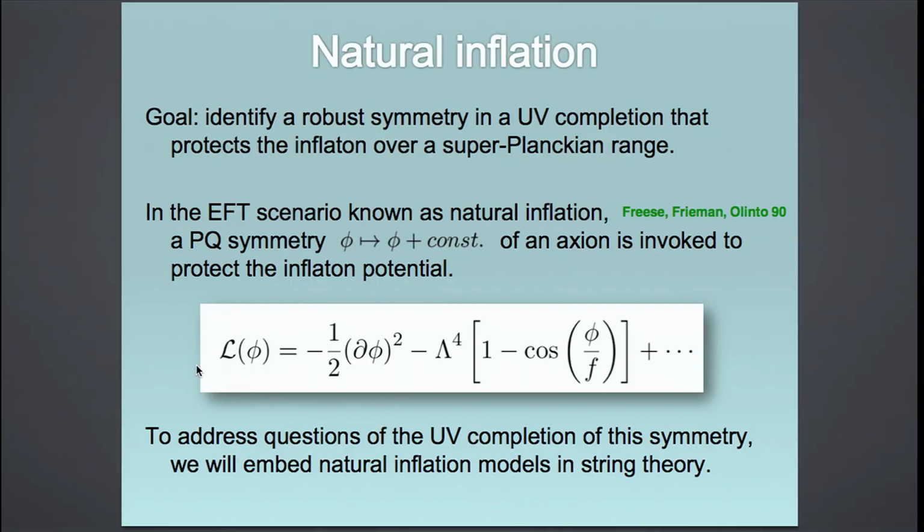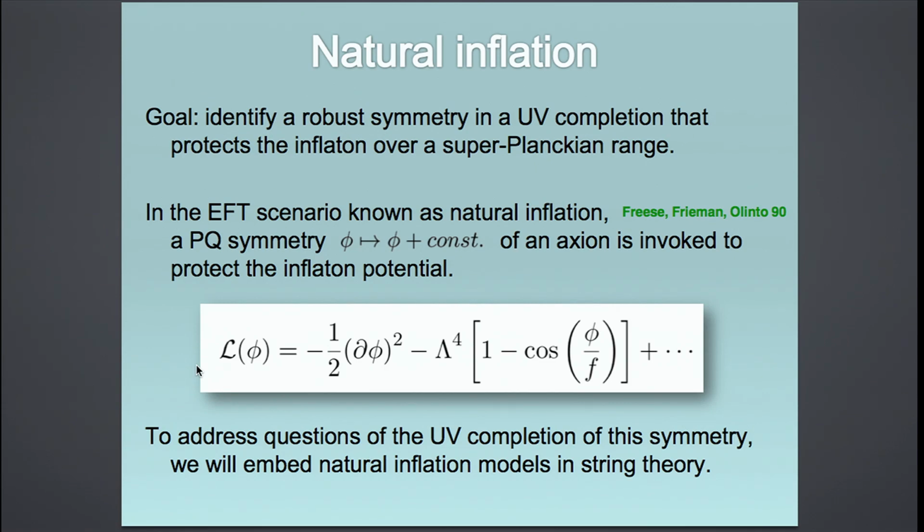What I've been mentioning so far is that one needs some sort of symmetry structure in the ultraviolet theory that can protect the inflaton potential. And a very natural proposal due to Freese, Frieman, and Olinto, from the bottom up in effective field theory, is that the symmetry that protects the inflaton could be a Peccei-Quinn shift symmetry, phi goes to phi plus constant.